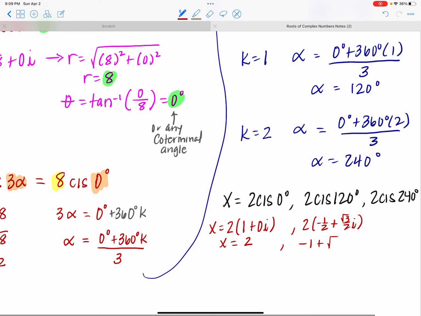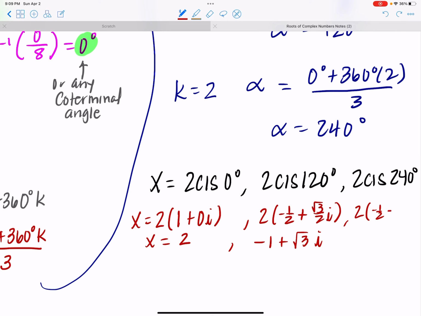And then the third one would be twice the cosine of 240, which is negative 1/2. And then the sine of 240 is negative radical 3 over 2, and again that one's imaginary, and if I distribute in the 2, it's going to be negative 1 minus radical 3i. And those would be all three of the solutions.